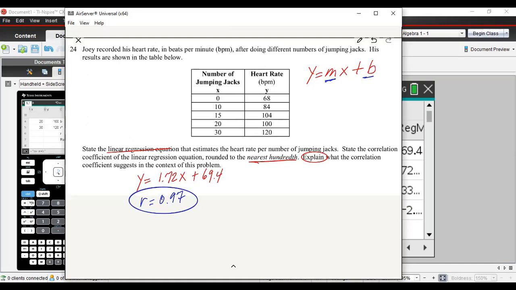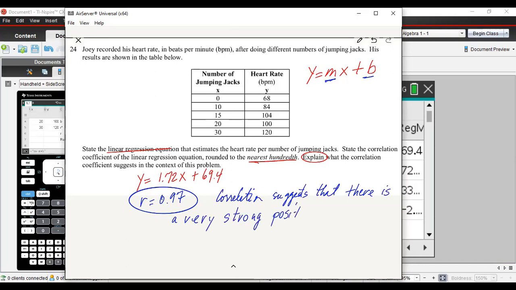So what we should say is that the correlation coefficient suggests that there is a very strong positive correlation between the number of jumping jacks and heart rate.